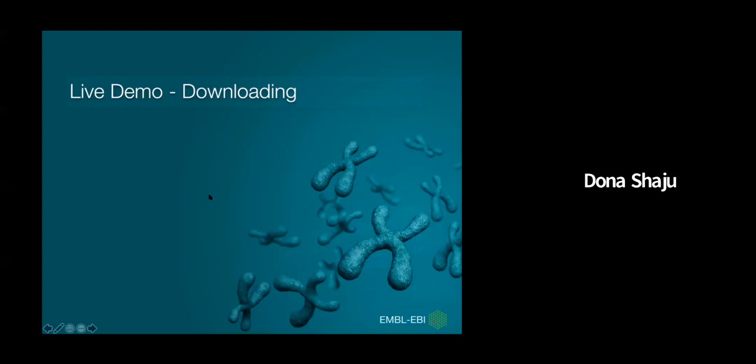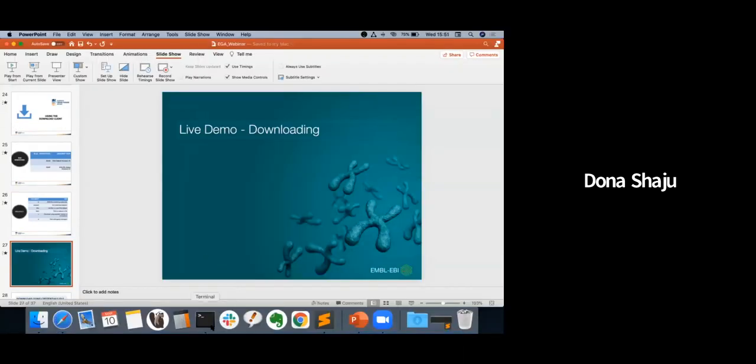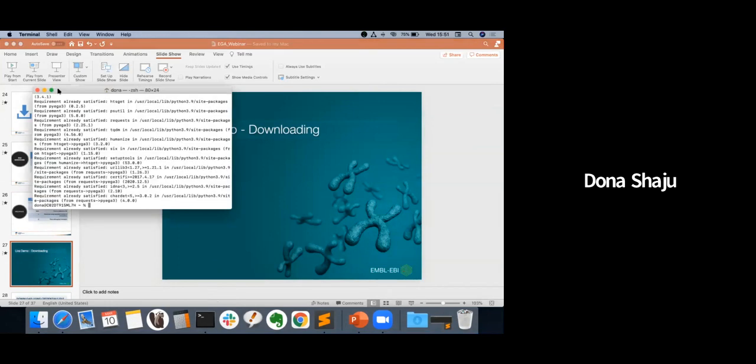So we'll just quickly go through a live demo of the download. Let's say I'm interested to see what the datasets are in the EGA test account. So all I need to do is call the Python client.